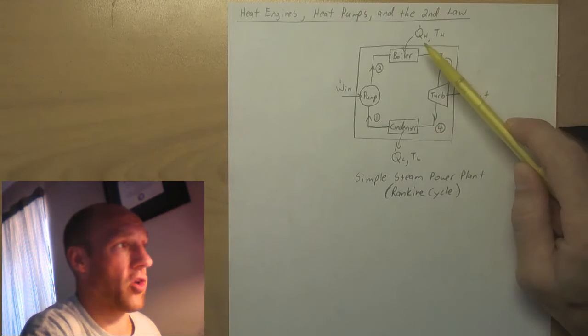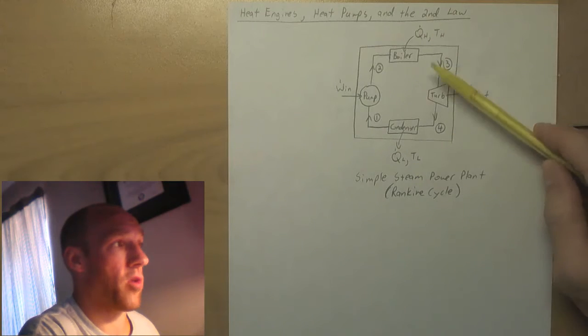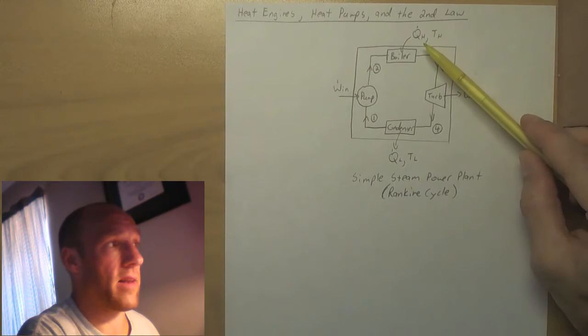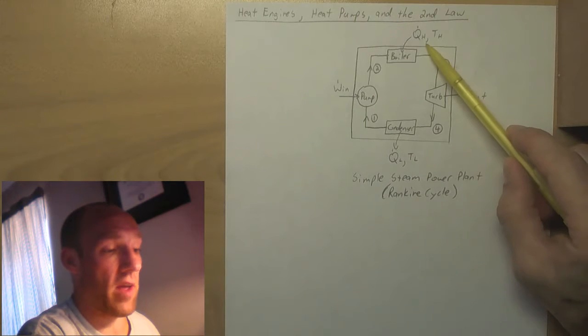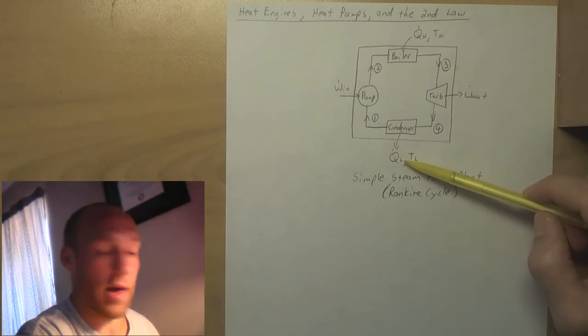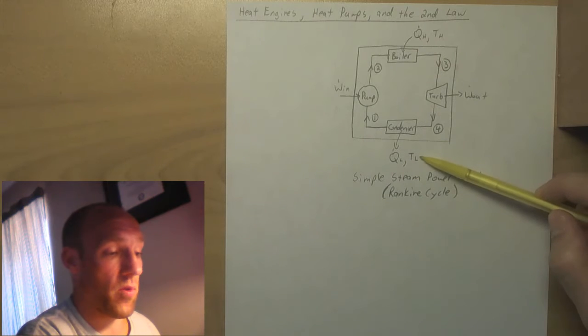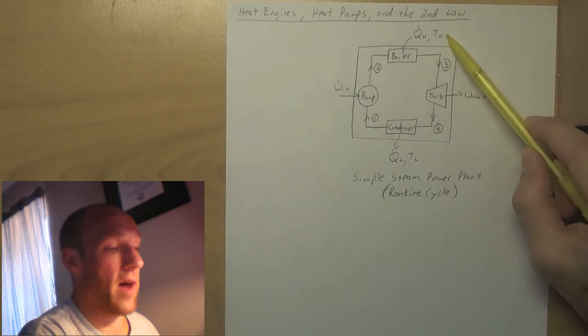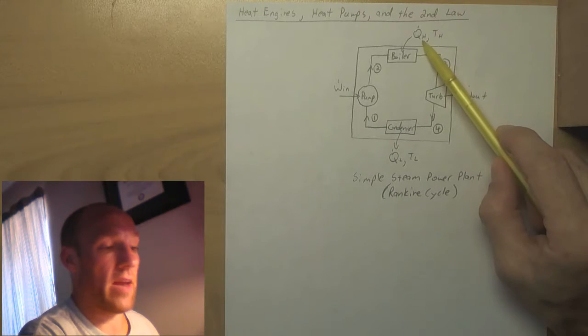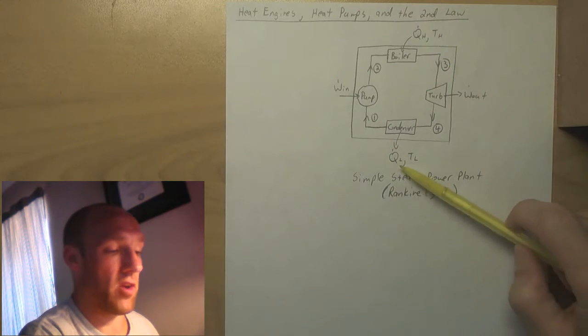Notice the change of notation. Rather than talking about Q in and Q out, I'm going to talk about the heat at the hot side and the heat at the cold side, which I annotate with H for high temperature and L for low temperature. So the low temperature is given by TL, the high temperature is TH, and the heat absorbed at the hot side is QH and QL.